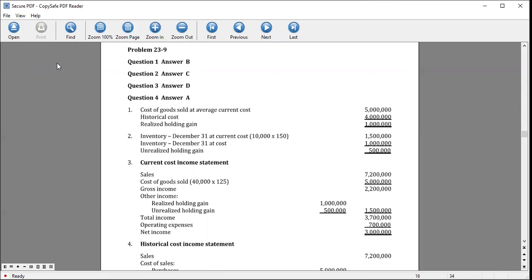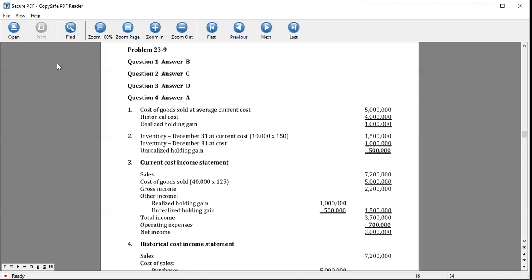The current cost income statement, now we have sales of 7.2 million, and then we are going to multiply 40,000 by 180 per unit, 7.2 million. Then the cost of goods sold multiplied by 125, that's the amount of 5 million.